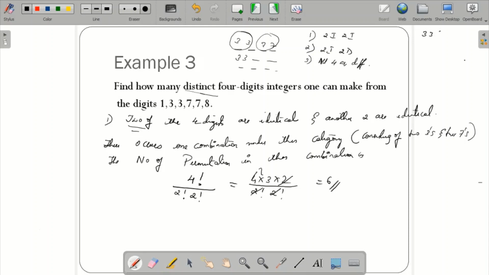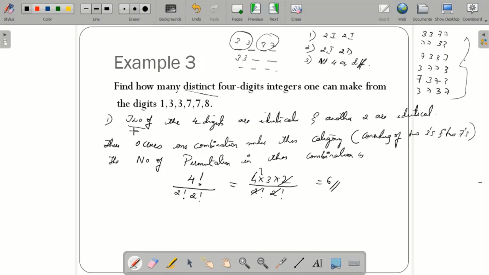You can write 3377, 7733, 7337, 3773, and the other two formations, 7373 and 3737.